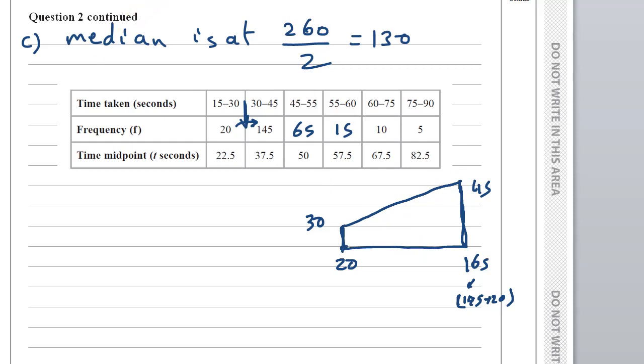The value that I need is at 130. Where is 130? 130 is somewhere between. So I know that this is the value of the 130, and I need this x.